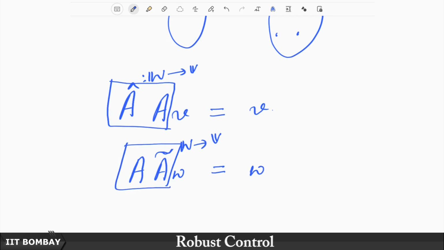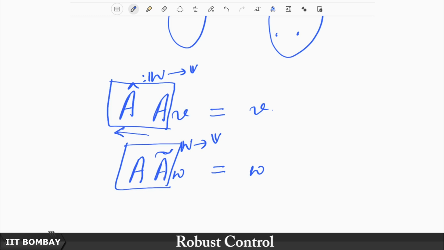Why? Because you hit any element with the linear map A, and then you hit it back with A hat. First you take it from V to W, and as we keep piling up these operations, the operators pile up on the left.